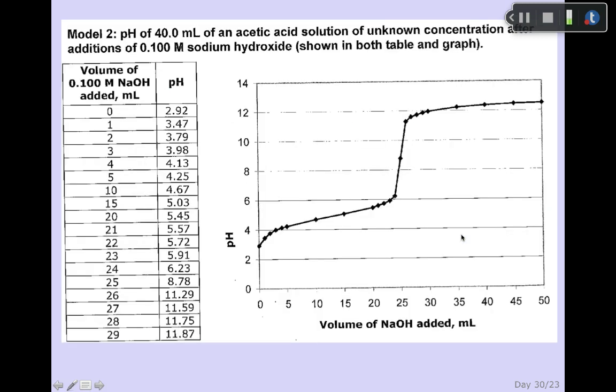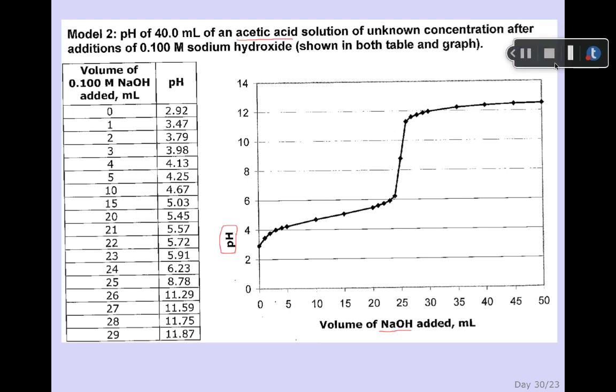Now, looking at this model shown in this example here, what is being described? They're measuring the pH on the vertical axis here as a function of how much sodium hydroxide has been added. And you're adding it to what? Well, apparently we're adding it to acetic acid, a certain volume of acetic acid that has an unknown concentration.